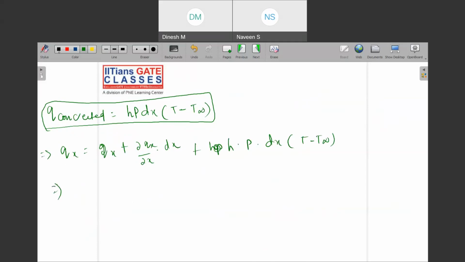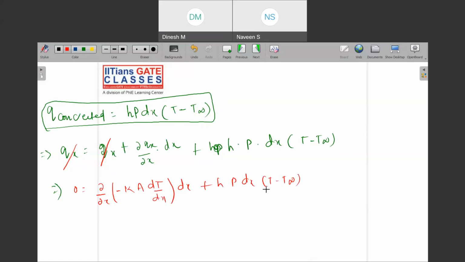Now, can you see that qx and qx cancel? And if you expand this, 0 is equal to del upon del x of minus kA dT upon dx into dx, plus hP dx into (T minus T infinity).